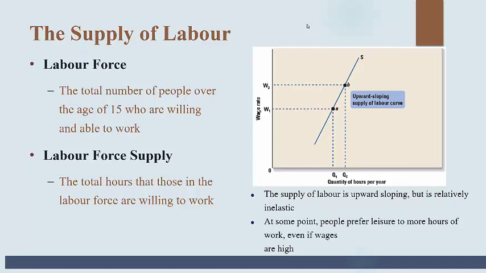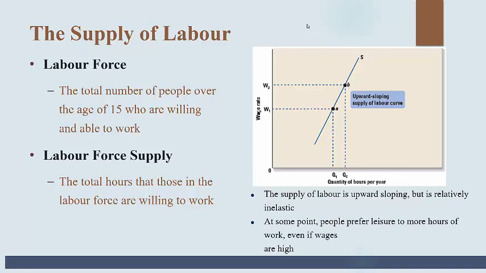You can afford to have more leisure if your wage is higher. So it depends on how large the wage is, but at some point you could actually reduce your hours worked. So this income effect would dominate the other effect, which is called the substitution effect, which is just saying that you'd want to work more for higher wages. But for this course, we're just going to focus on the upward sloping case.